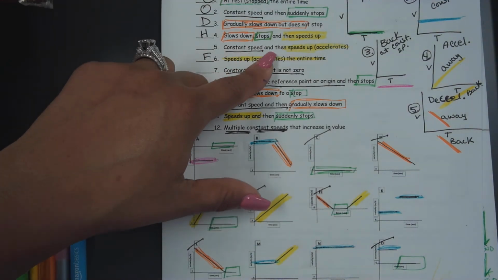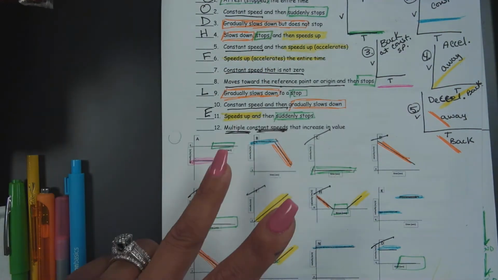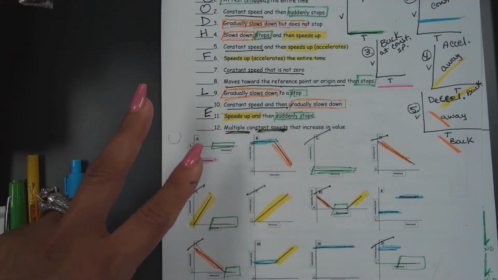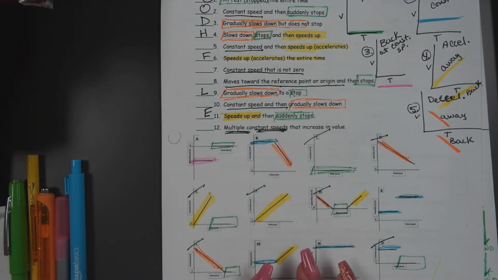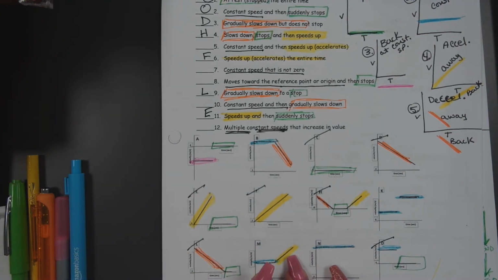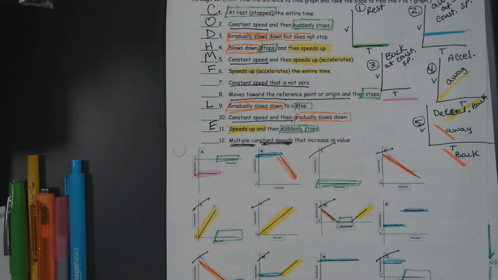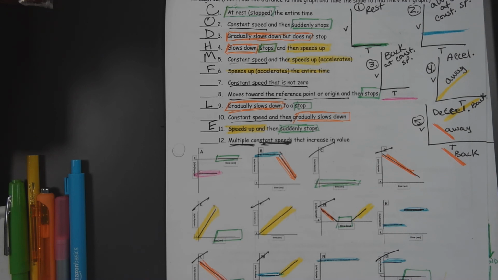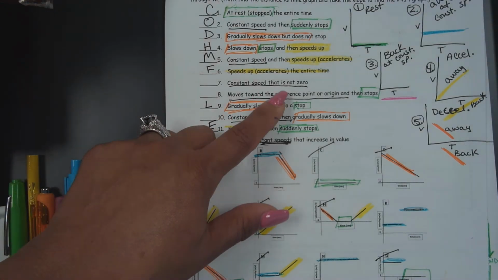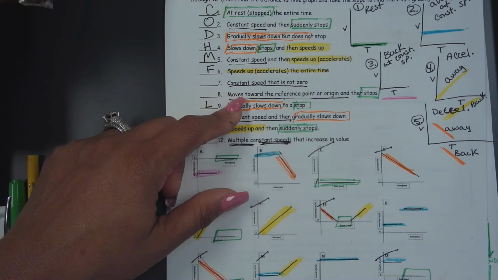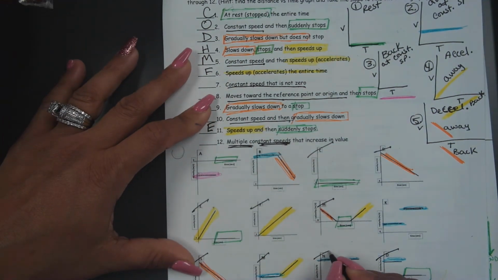Constant speed and then speeds up. So it has to be 2 things. The second one is going to be yellow. M is correct. At least we have it color coded to help simplify it a little bit. The next one, constant speed that is not 0. N is the correct answer.